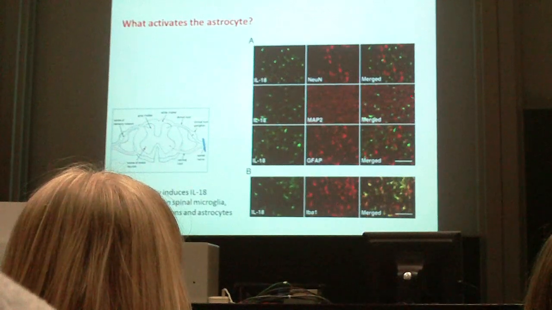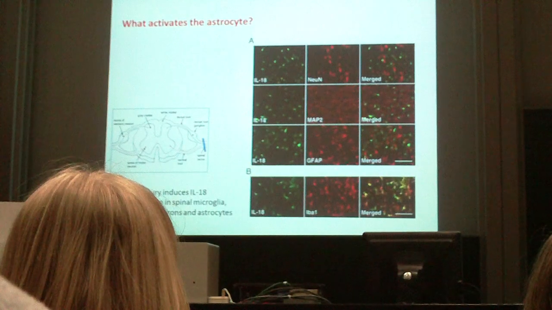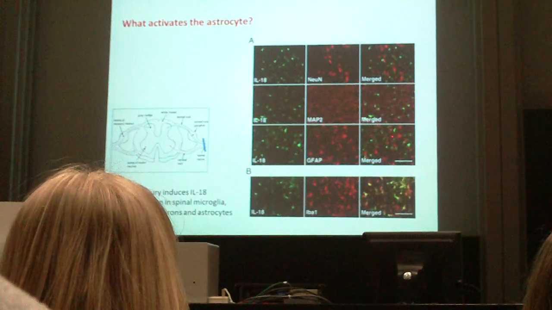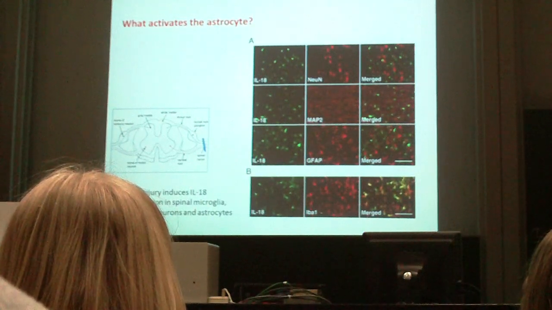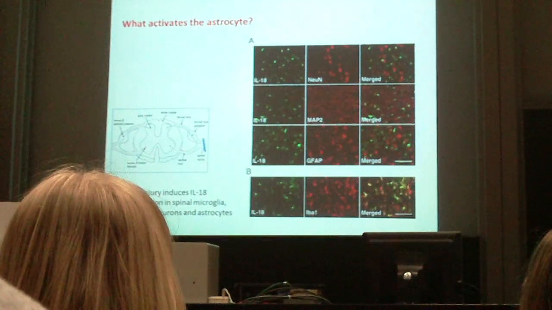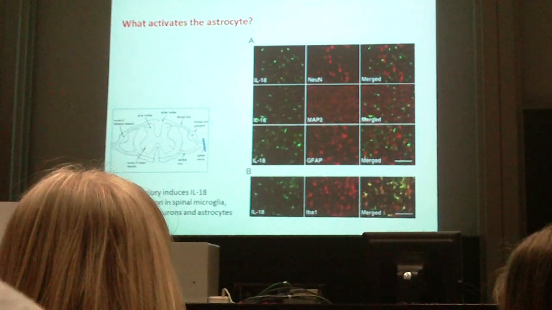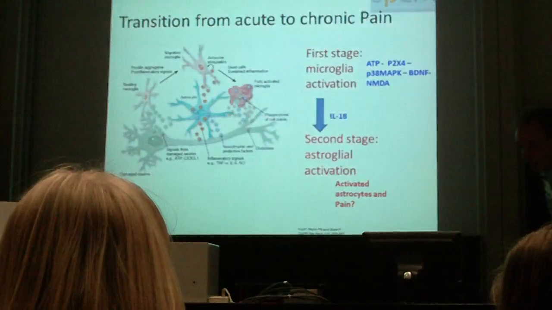And you see no overlap. This is interleukin 18 with a marker for astroglial cells, no overlap. But when they were staining for the IBA1, for the microglia, they saw an overlap. So these microglial cells produce the interleukin 18.